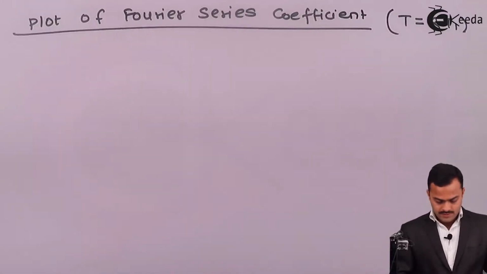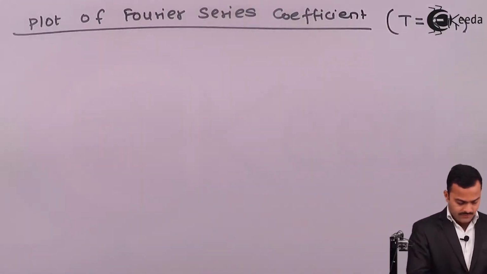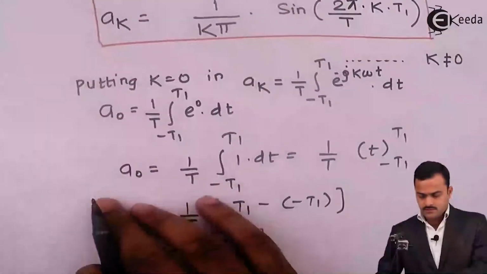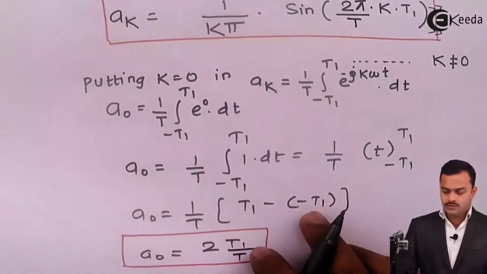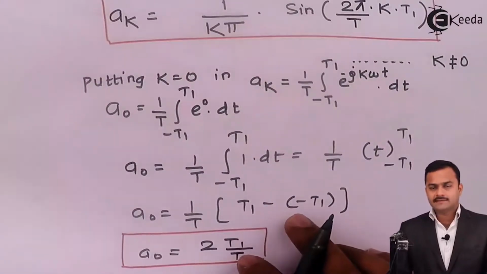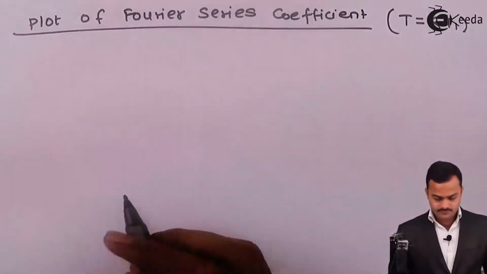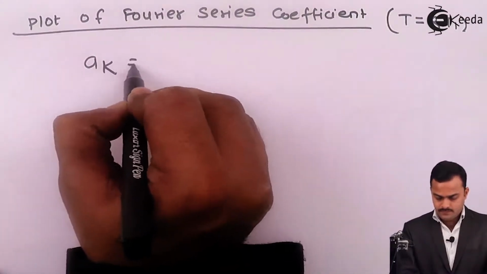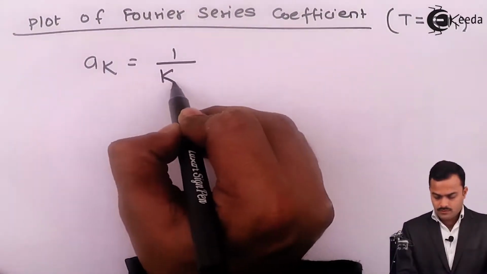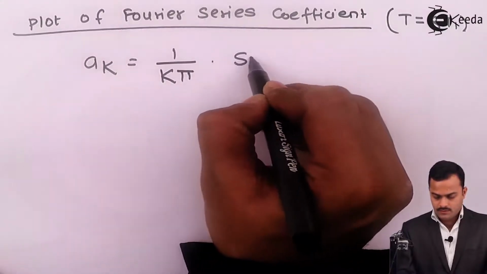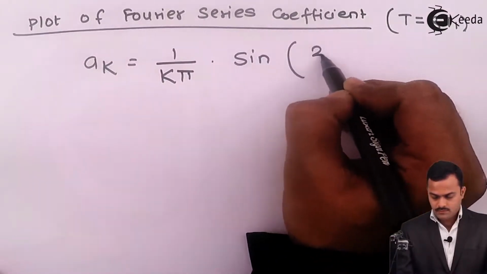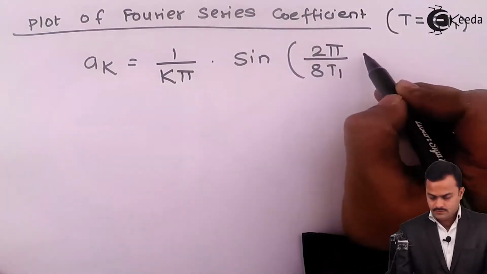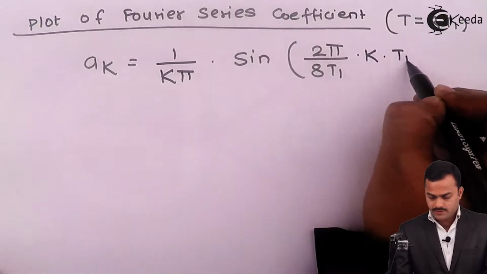So let's take the general form of AK, which we obtained over here. Now what we are going to do is put capital T as 8 times T1. So AK will become 1 upon K pi into sine of 2 pi by 8 T1 multiplied by K multiplied by T1.